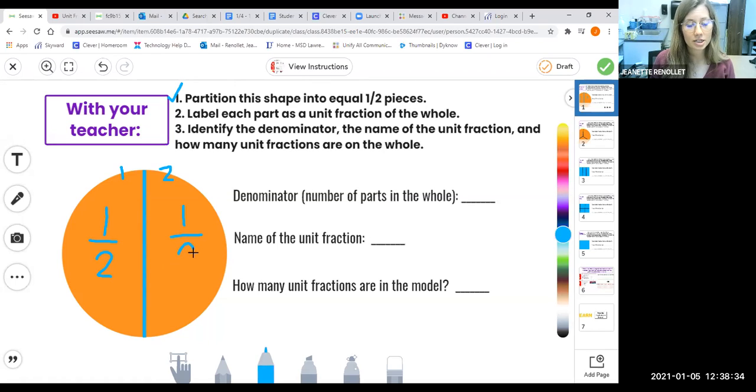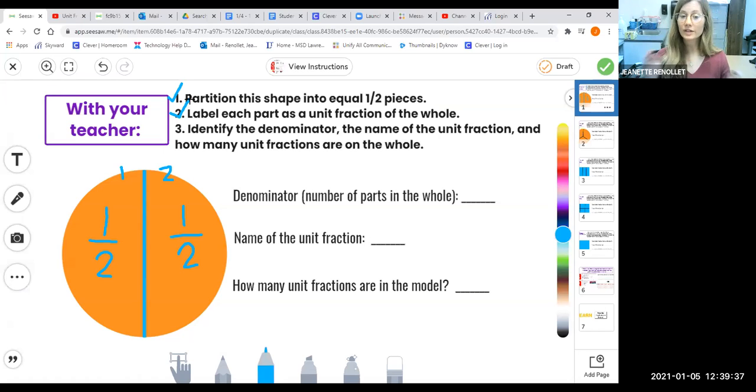My denominator is 2 for both unit fractions. Label each part using your unit fraction now. We have now done step 2. We just labeled each part with the unit fraction.